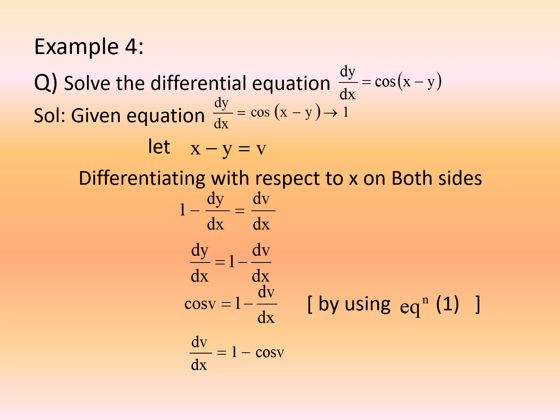Just directly substitute here cos of (x minus y). But we already gave a name for x minus y, that is v. Just substitute. It becomes cos v is equals to 1 minus dv by dx. Next line, again send minus dv by dx to the left side and send cos v to the right hand side. Then it becomes dv by dx is equals to 1 minus cos v.